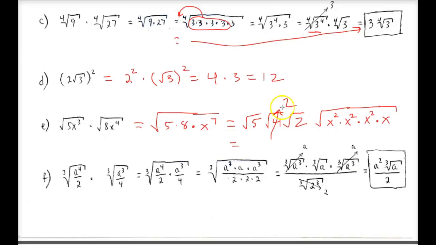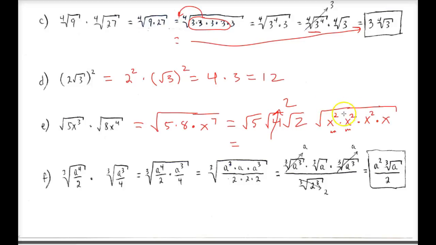So we know that we're going to have 2 times the square root of 10 here, but then we need to figure out how we're going to deal with the square root of x to the 7th written this way. For every 2 x's that we see, we're going to take one out.